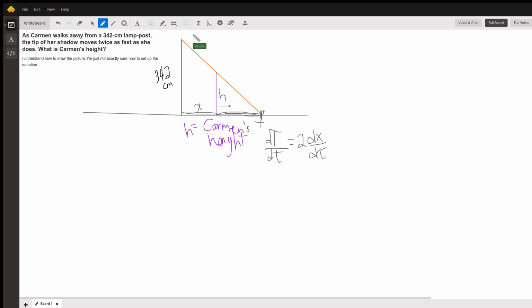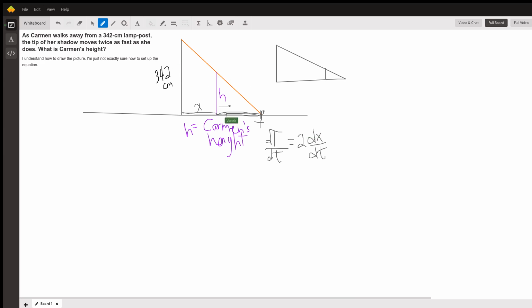So if we were to draw this again, let's say she's over here. Now, here's the tip of her shadow right here. So as she moves away from the light, the tip of her shadow is moving at a different rate. Okay, so here's the picture.